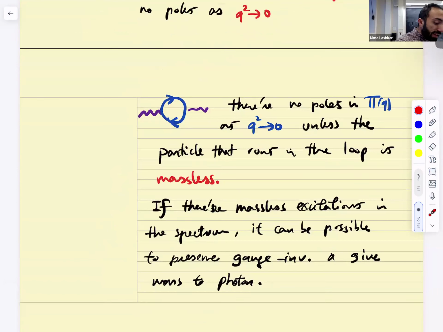So if you have massless modes in your spectrum, it is possible to preserve gauge invariance and Ward identities, and give mass to the gauge field. In general, having massless modes in the spectrum is an awful thing.